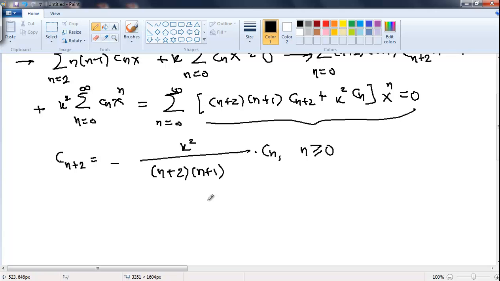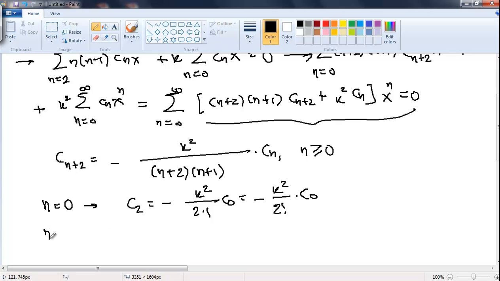Now we have to see what happens here for some successive values of n. So I substitute n equals 0 and I have c2 equals minus k² over 2 times 1 c0, and that's minus k² over 2 factorial c0. I'm doing the same with n equals 1 and I'm getting c3 equals minus k² over 3 times 2 c1, and that's minus k² over 3 factorial c1.